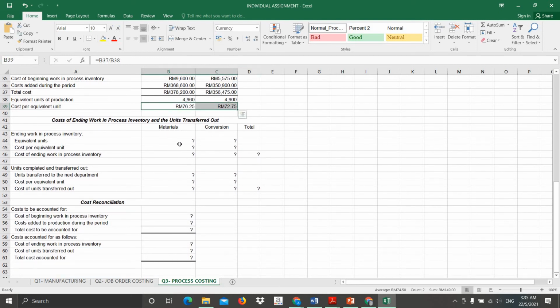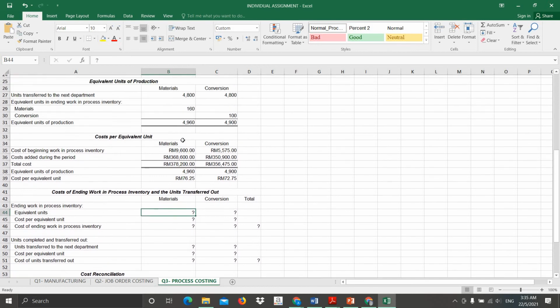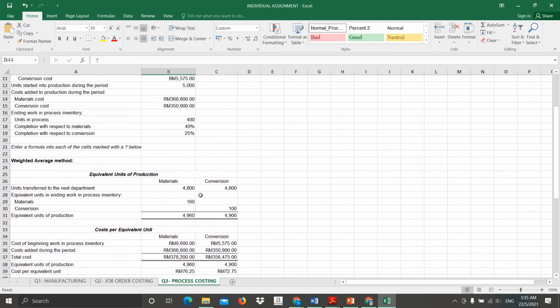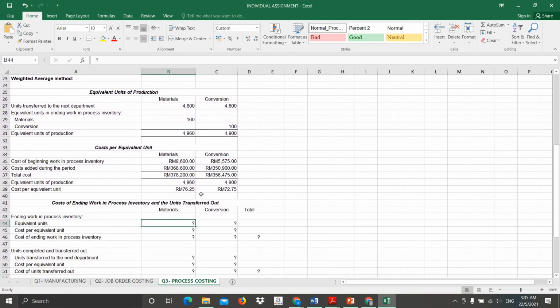Okay, for this one, equivalent unit for materials, we can get it from here. For this one, cost per equivalent unit, we take it from here.